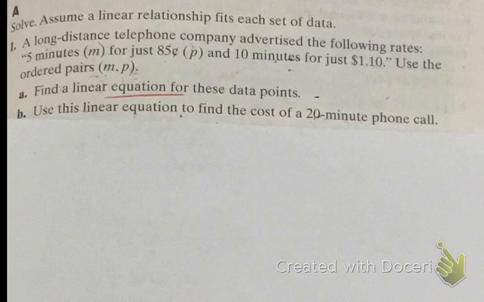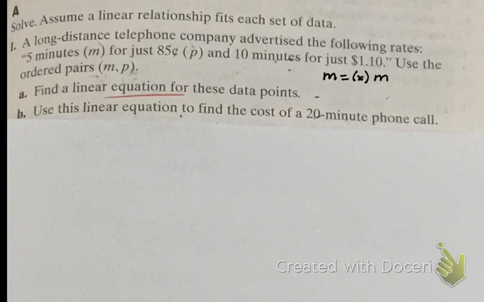A long distance telephone company advertised the following rates: 5 minutes M for just 85 cents P, and 10 minutes for just $1.10. Use the ordered pairs M and P. Okay, so what does M represent? Normally it does, but in this story, it's our X, but what is it in the story?